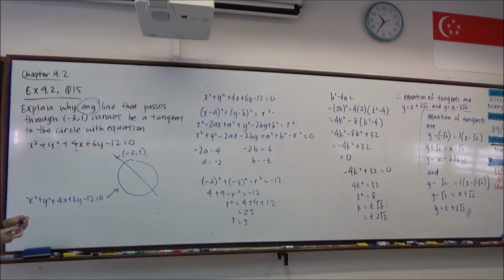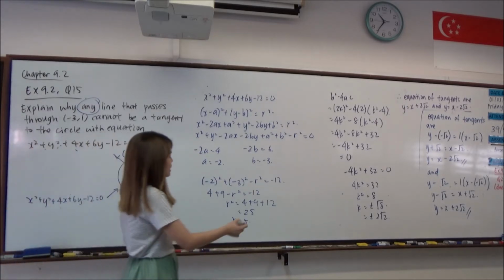So the radius will be 5, then the center will be at negative 2, negative 3.